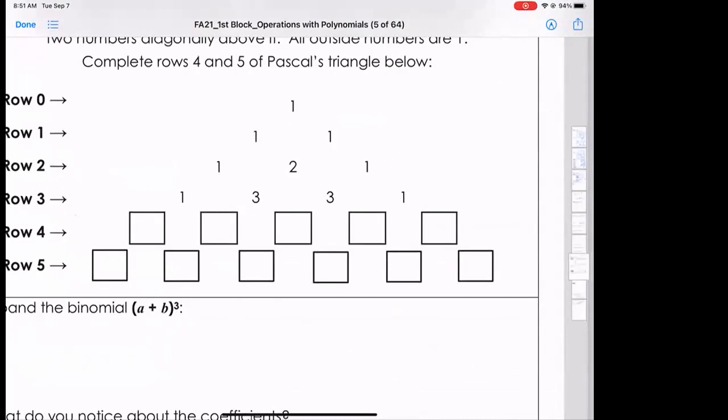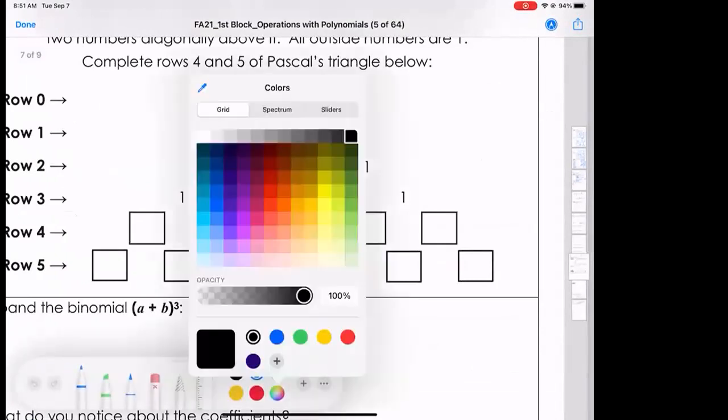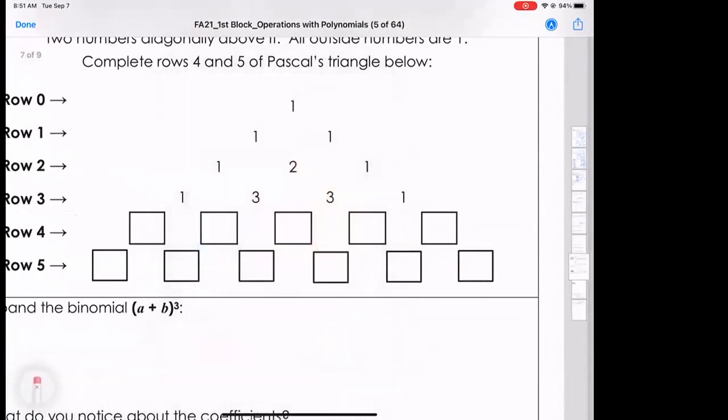Well, we know we can very easily complete our Pascal's triangle because we did one that was a lot more intensive, right? Just go into row 5. Hey, we can handle that.